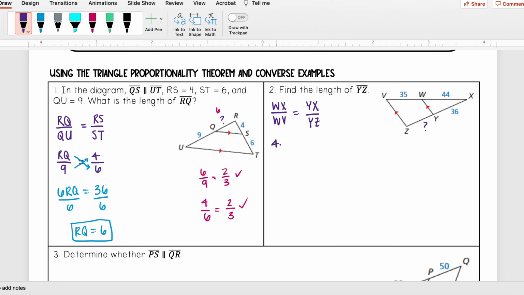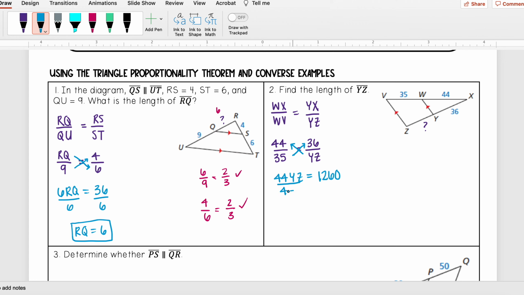WX is 44. WV is 35. YX is 36. And I'm finding the length of YZ. Now I can go ahead and cross multiply. So YZ times 44, I get 44 YZ is equal to 35 times 36, which equals 1260.